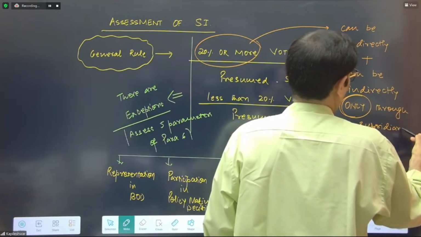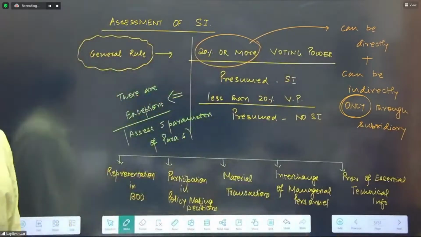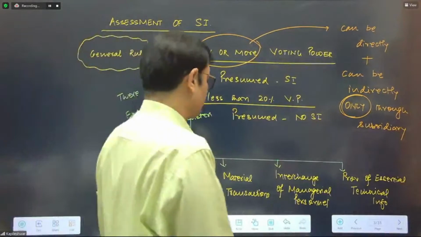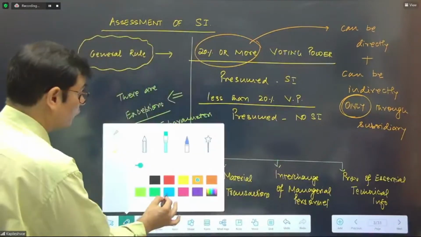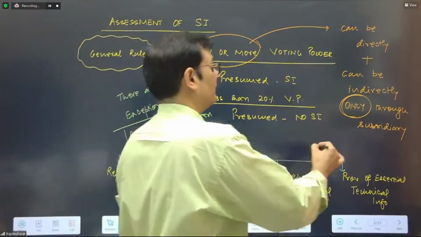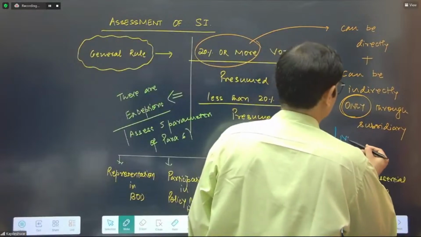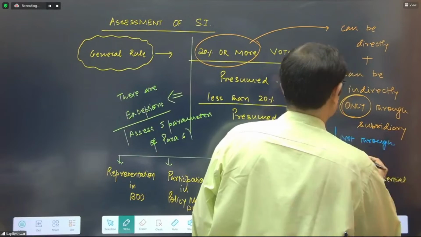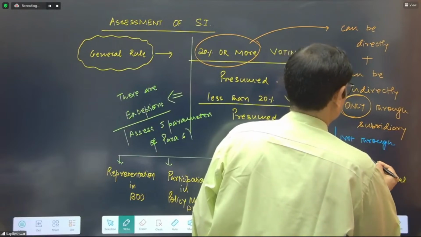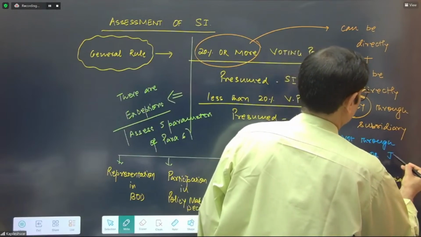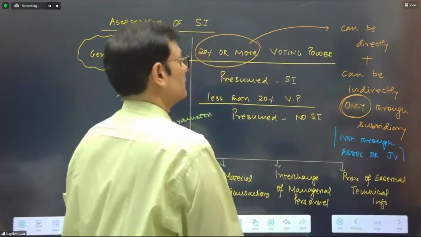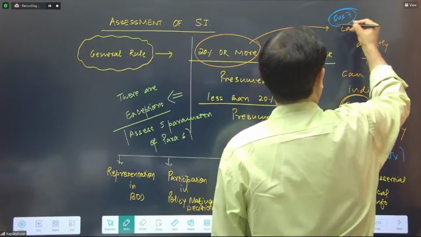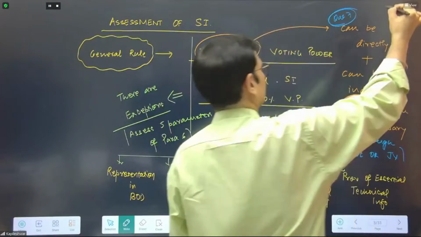So this percentage could be direct or indirect, and the indirect is only through a subsidiary. I'd like to overemphasize, in brackets, not through an associate or a joint venture, as we just saw in question number 7. You could look at the reference to question number 7 for a little clarity later.